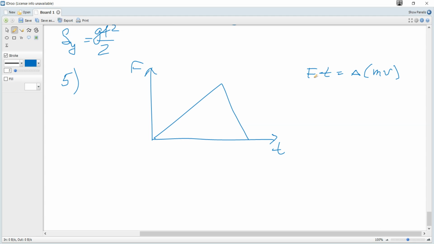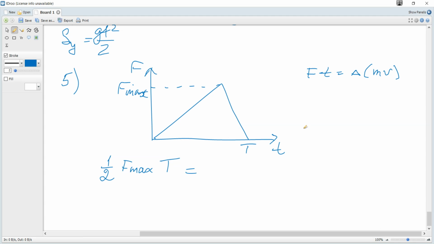And when force is constant, we just multiply, but when it's variable, impulse is the area, and we can see it's a triangle, so the impulse, its area, is half times base times height, F max times capital T, because the time interval is capital T. Be aware when you consider coordinate and time interval.